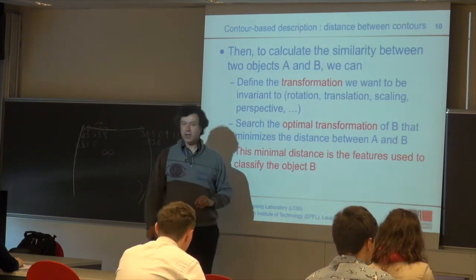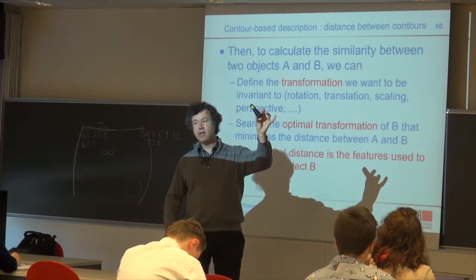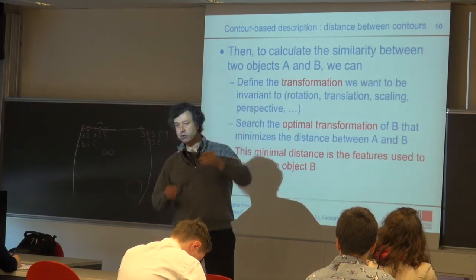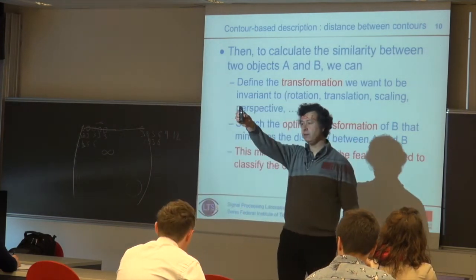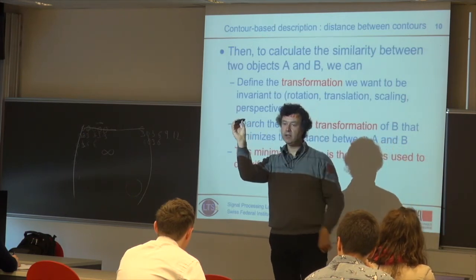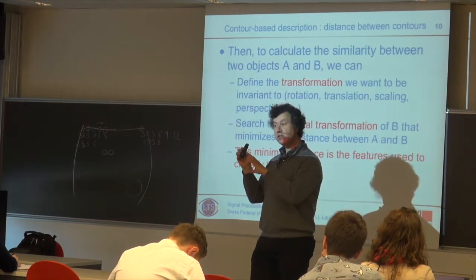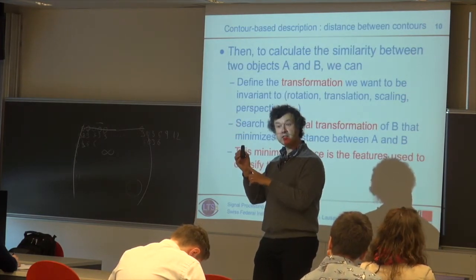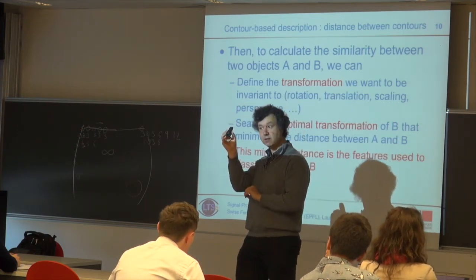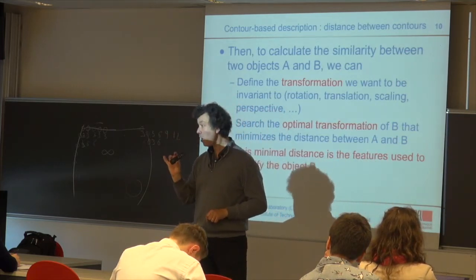If you want to compare an object seen like that and an object seen like that with a projective transformation. You see my pointer, you see it straight. Here you see it from the side. The difference, if you take a picture of that and a picture of that, the difference is not a rotation, it's not a translation, it's an affine transformation. It basically stretches one axis. You want to say that those two pictures correspond to the same object?